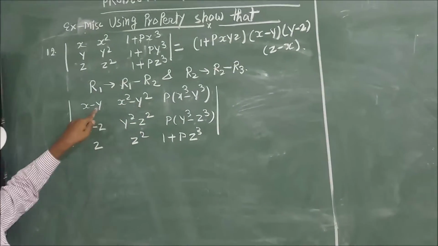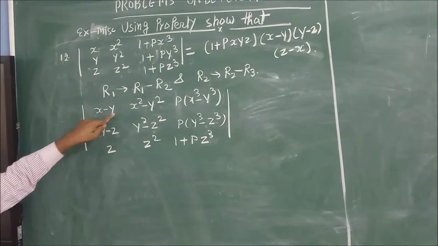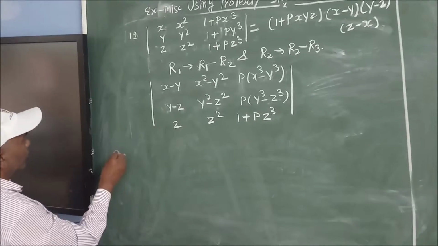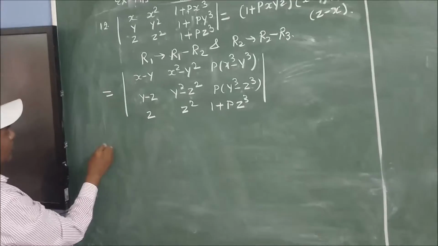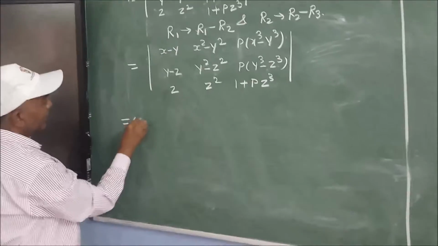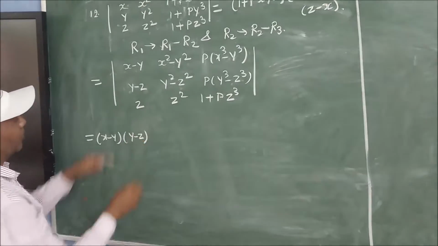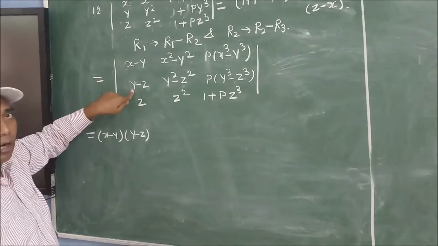All are from R1. You can take x minus y as common, and R2 you can take y minus z as common. So this will be equal to x minus y into y minus z, taking common from R1 and R2.